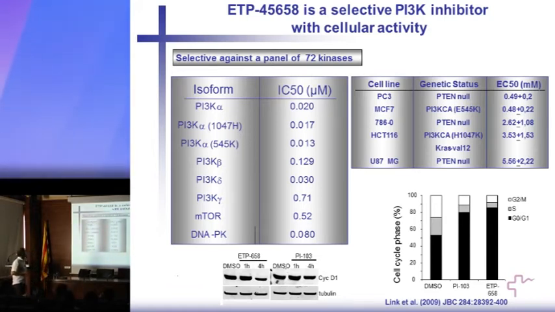It's a pan-PI3 kinase inhibitor with slight activity also against mTOR. It has activity against a panel of cell lines with genetic alterations within the PI3 kinase AKT pathway, and potently inhibited or induced cell cycle arrest.